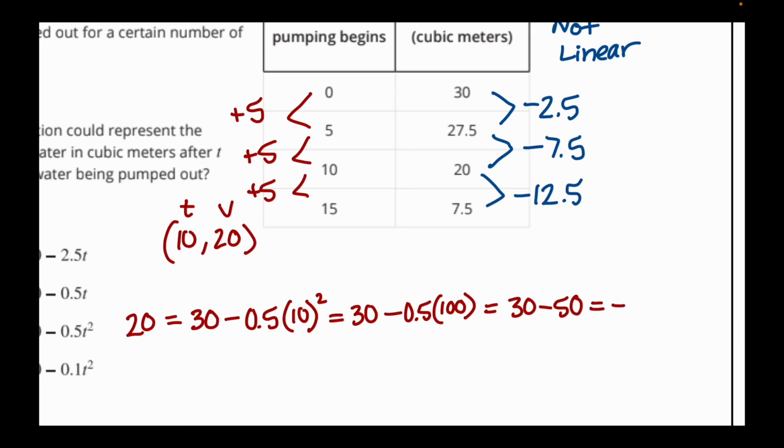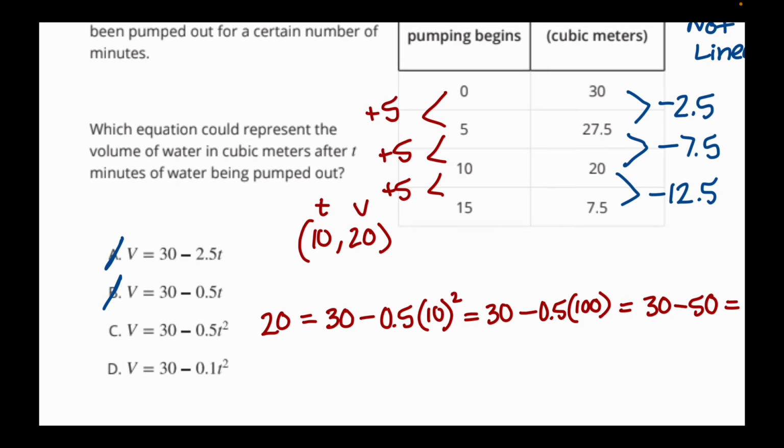No, because that's negative 20. So no on that one, which tells me it's probably going to be the one below it, but we're still going to check all of our answers. So we're going to say, is 20 here for volume equal to 30 minus 0.1 times 10 squared?